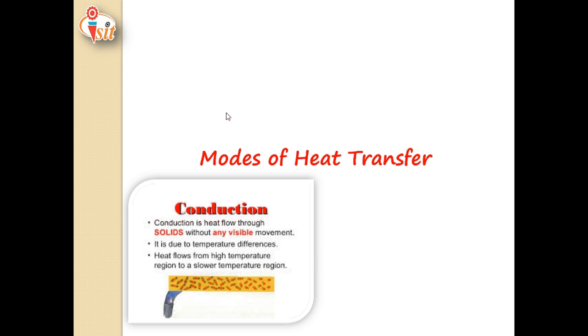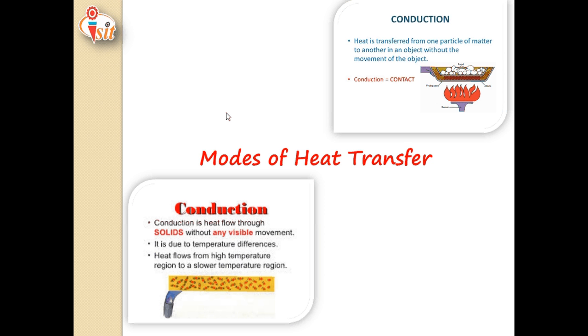When heat energy is supplied at one end, if it is a metal, then transfer of heat energy takes place from one end to the other end through displacement of free electrons. So generally heat is transferred from one particle to another in an object without the movement of the molecules.